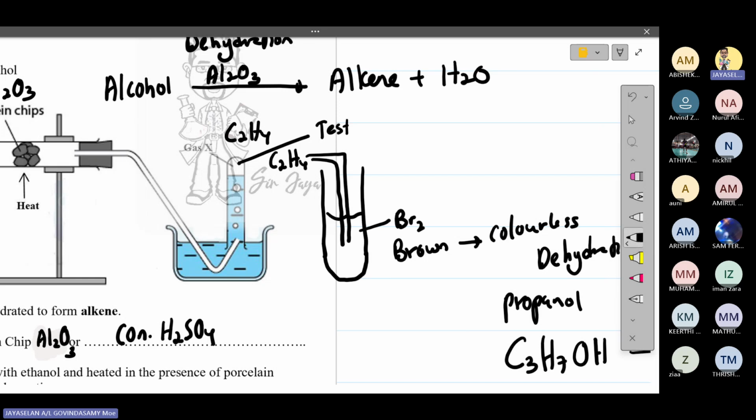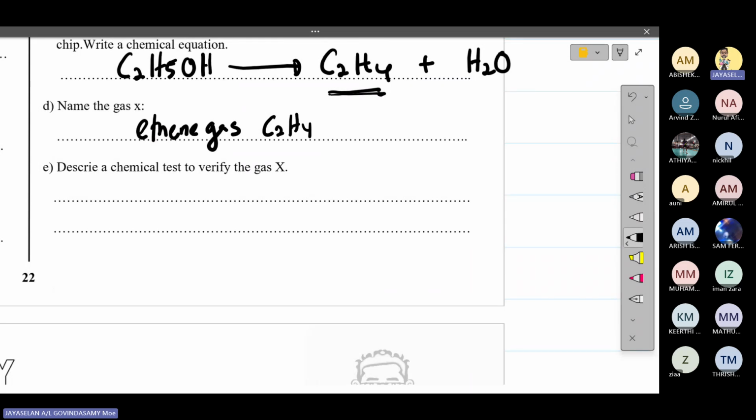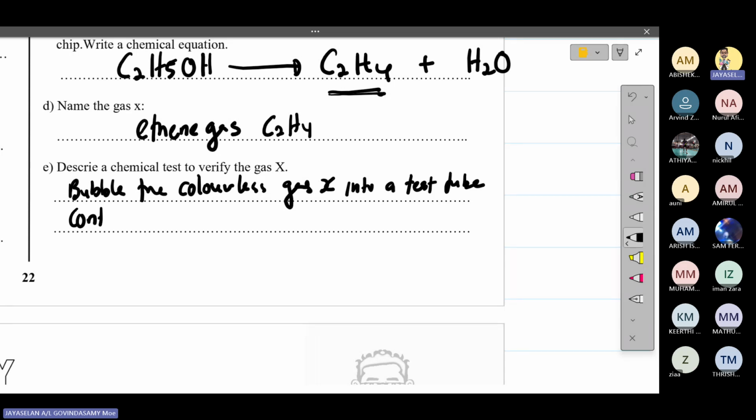Okay, this is the test for alkene. So how to do this? Once you already got ethene gas C2H4, if they ask you to describe the test, you just bubble the colorless gas, gas X, or you can put the ethene gas into a test tube containing bromine solution.